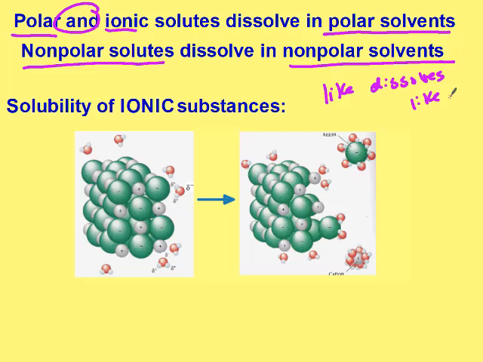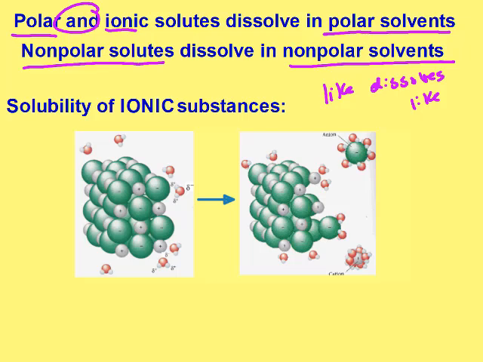The reason being is polar and ionic both have slightly positive, slightly negative, or straight up positive, negative charges, and they're able to attract each other better, causing them to dissolve in each other. While nonpolar doesn't dissolve very well in polar solutes because it can't form as strong of attractions.